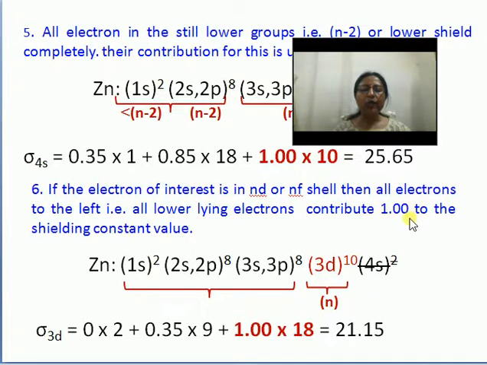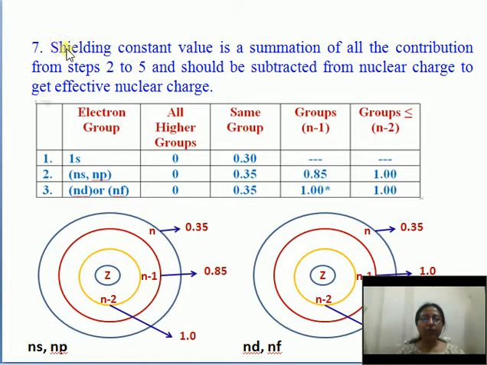Here I have done it like 0 into 2, because this has no contribution, then 0.35 into 9 plus 1 into 18, and this gives a value of 21.15.